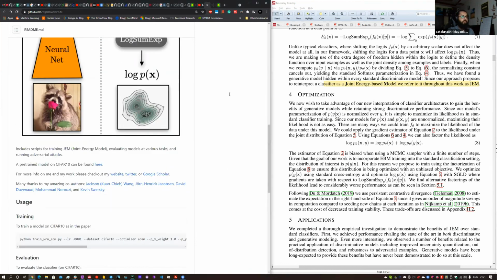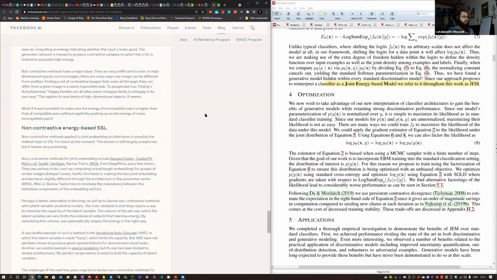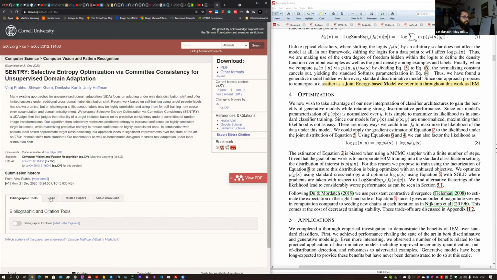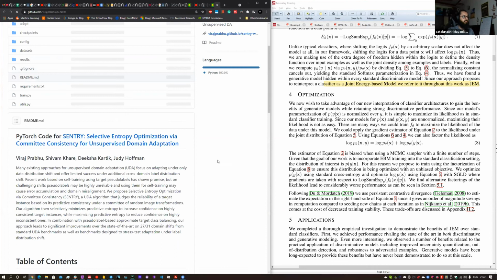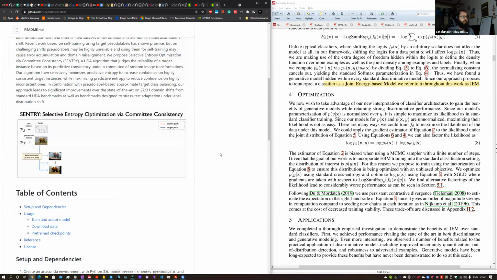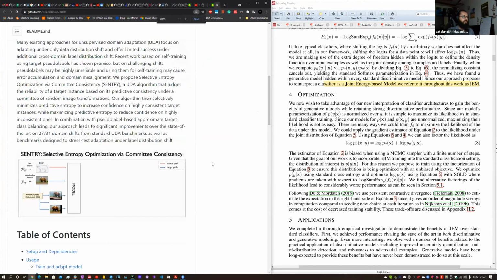The other one was this, a selective entropy optimization.